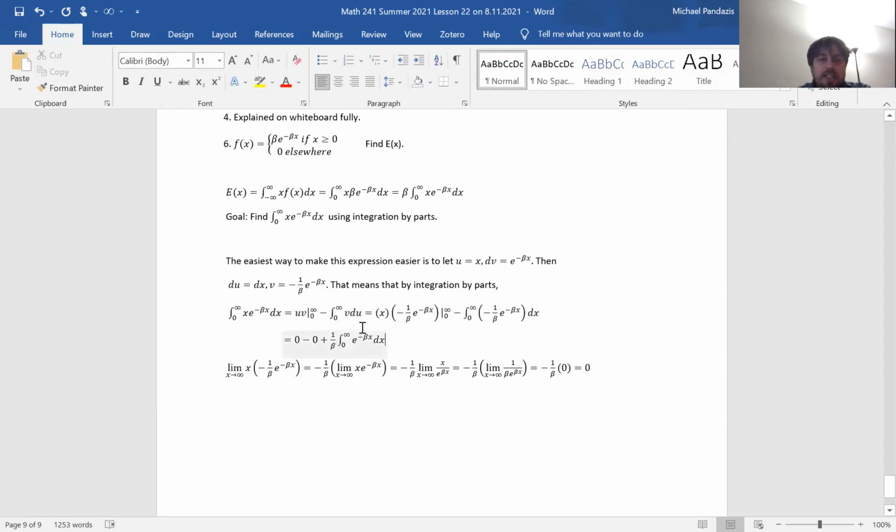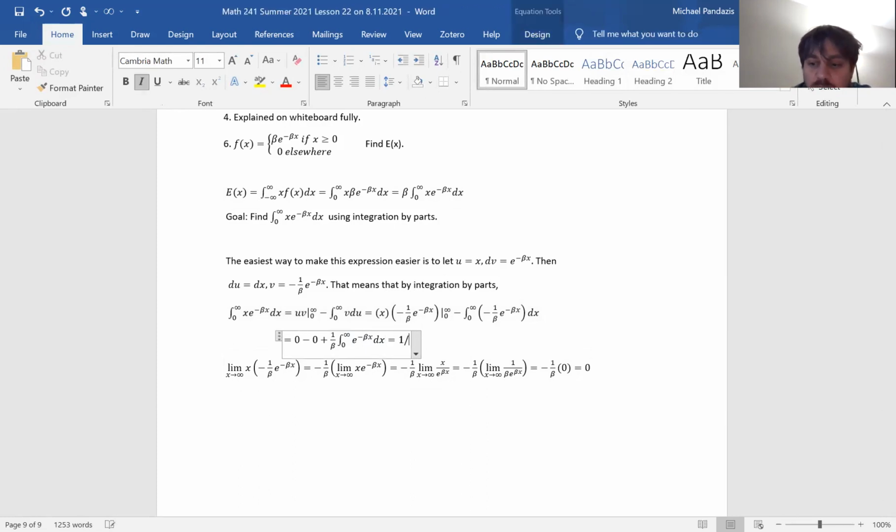Okay, and you evaluate this integral. Did I do this one? Maybe I didn't, so I'm going to do it now. This is equal to 1 over beta times the value of this integral, so we're going to compute this integral here.